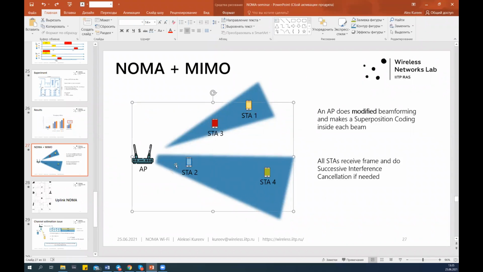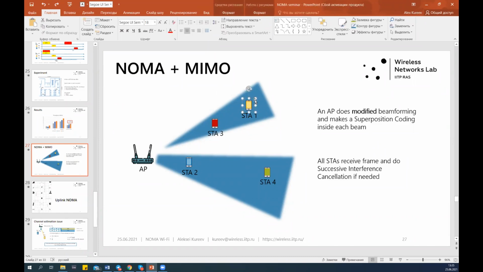So zero forcing will work on two devices instead of four. That's why, if we want to use NOMA and MIMO, sometimes we need to pay attention not only to the channel gains, but to the placement of the devices themselves.